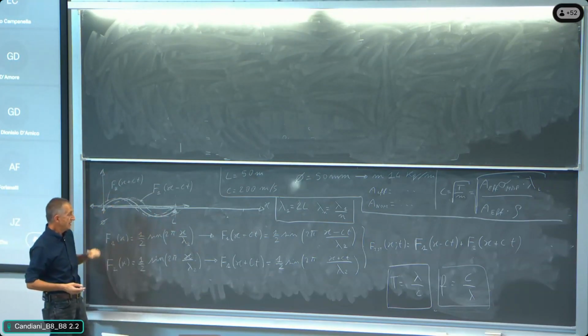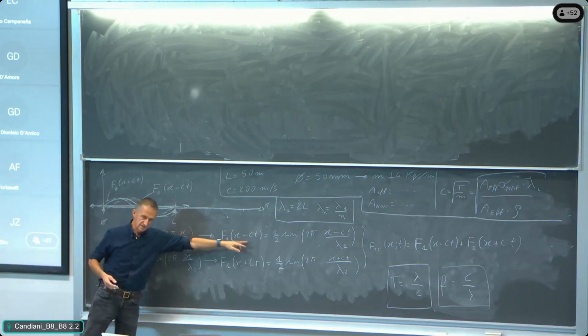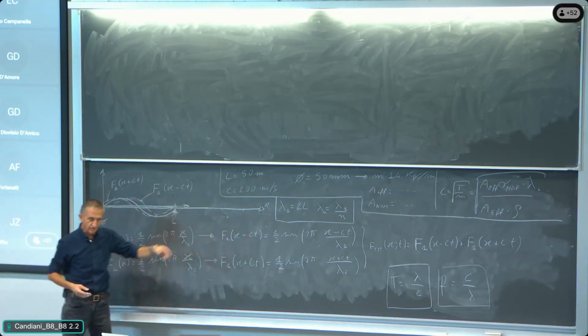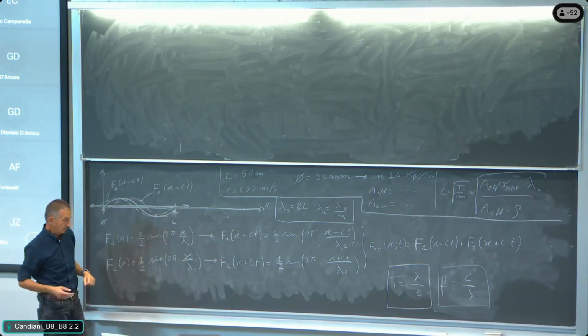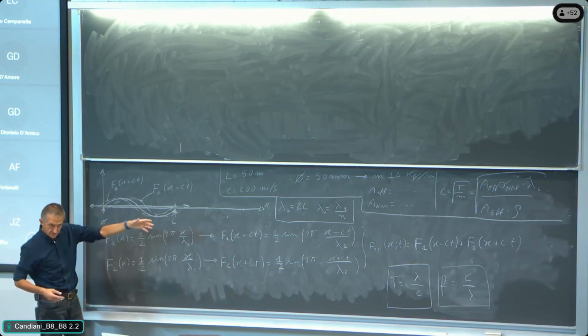All right. And so we make it so that this is sliding with the velocity c into the positive, progressive direction of the propagative solution.